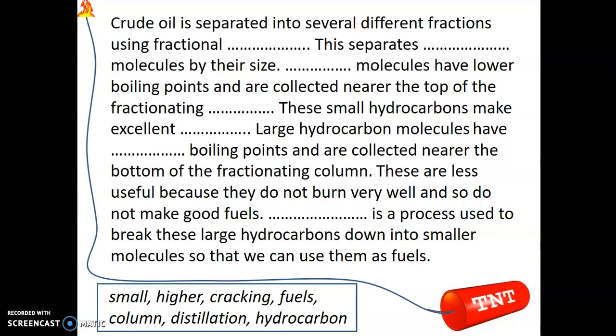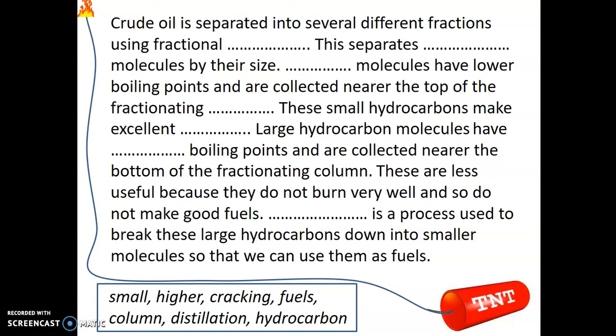So, if you want to pause this and have a go at filling in the gaps. So, you should read: crude oil is separated into several different fractions using fractional distillation. This separates hydrocarbon molecules by their size. Small molecules have lower boiling points and are collected nearer the top of the fractionating column.